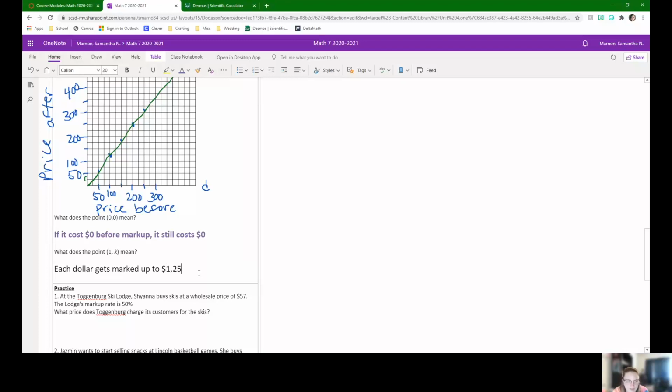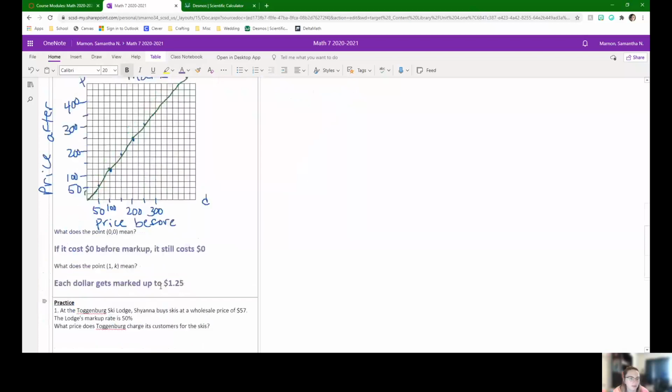Or you could say that an item costing $1 gets marked up to $1.25. Lots of different ways we could interpret that, as long as we know that the $1 means the price before and the $1.25 is the price after.